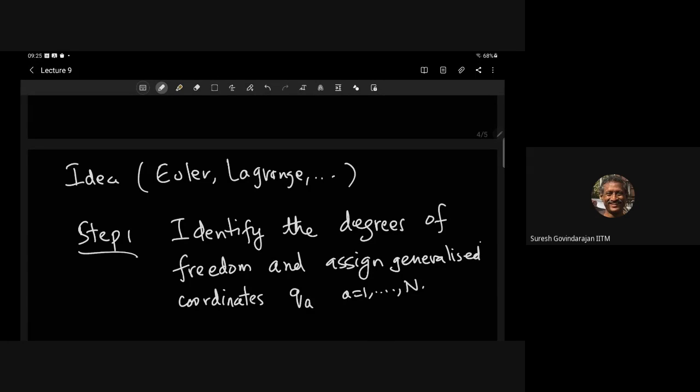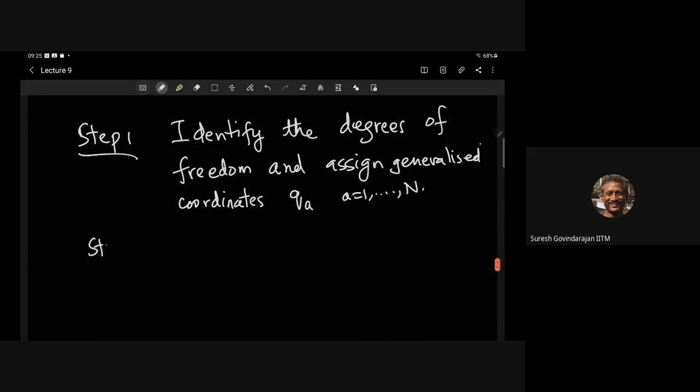Okay, and they're called generalized coordinates because they need not have dimensions of length. For instance, it could be anything. Okay. Step two is write an action.